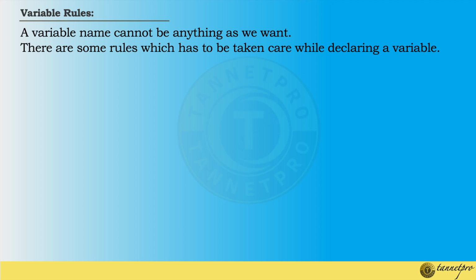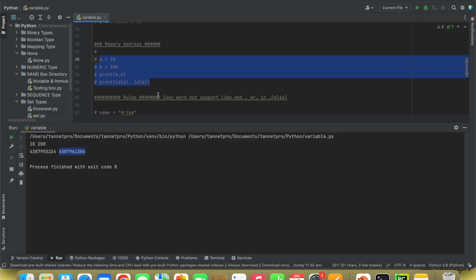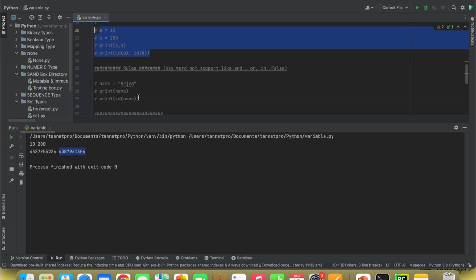There are some rules which have to be taken care of while declaring a variable. So what is the rule? Let's understand. A variable name must start with a letter or the underscore character.